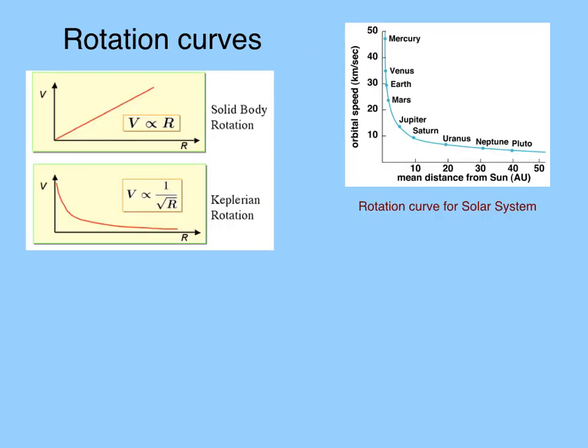Okay, but so what does all of this mean? Now, for a solid body, one knows that the circular velocity is proportional to the radius r from the center of mass. For our solar system, which follows the Keplerian law, we know that the circular velocity is proportional to 1 over root r, and hence the curve looks something like the curve shown on the right here.